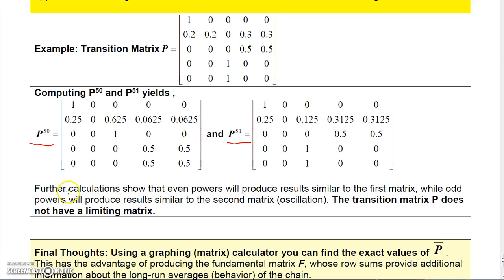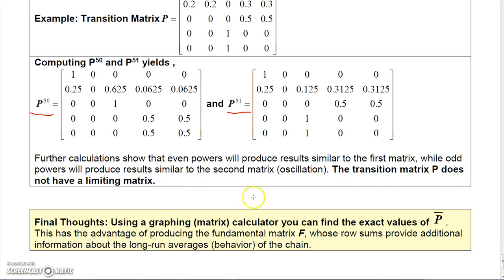And if you do further calculations, it shows that the even powers will give you results similar to the first matrix, and odd powers give you results similar to the second matrix. So again, we've got that oscillation of it flipping back and forth between the two types of matrices. So in this case, the transition matrix does not have a limiting matrix.